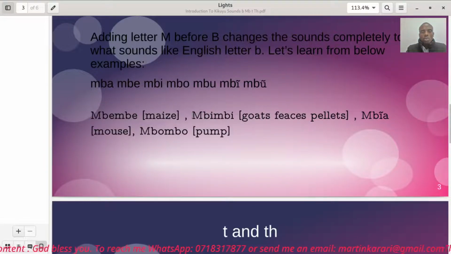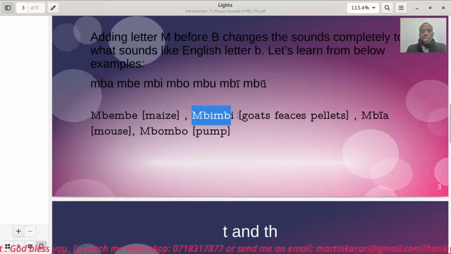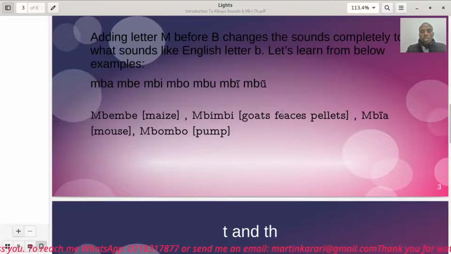Then you can also have BB. Okay, BB are the goat fish parrots. We have another one here. Bear, that is mouse. We have another one here.